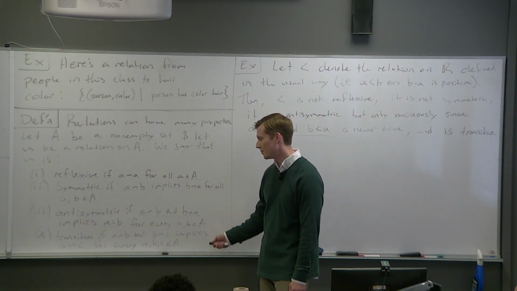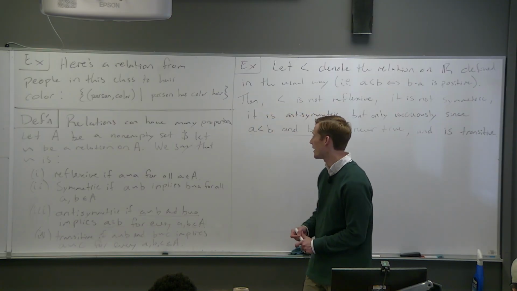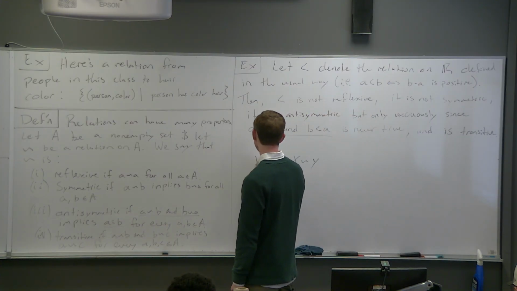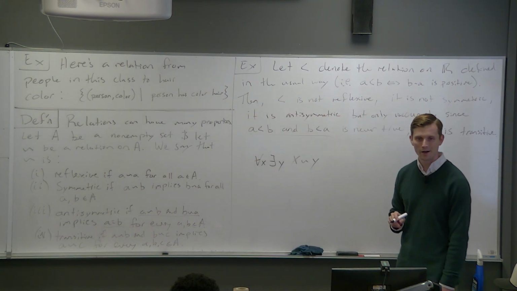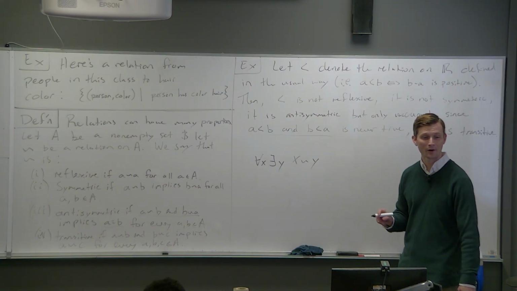You could have some other kind of one, like for instance, do we want to have, say, for all x, there exists a y such that x is related to y? Or something like that. Do you want everything to appear somewhere in there? Maybe?